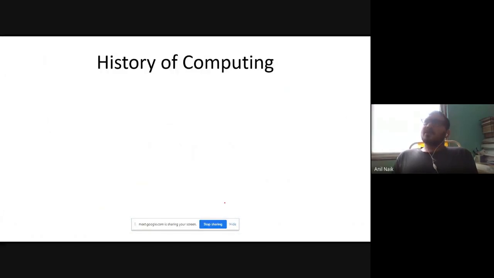So this is about the computer organization and architecture concepts. Then we'll study the history of computing.